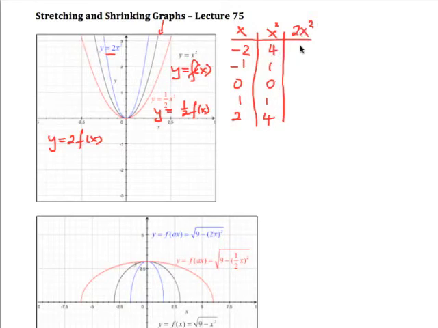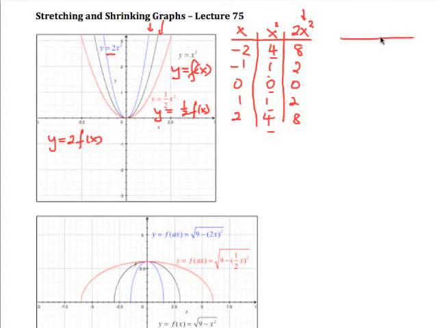Well, that would be 2 times each one of these. And you see that each of the new y values now are twice what the original squaring function y values were. And so you can see here that the function values are getting larger quicker than the actual squaring function does. And so you can see here, this is why this is narrower. Okay? Alright, so that's important to notice.